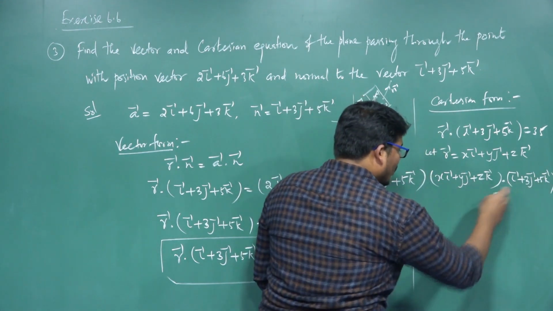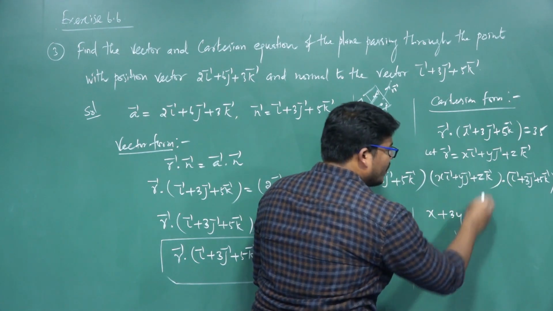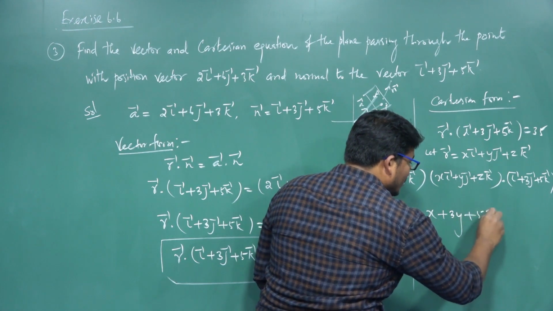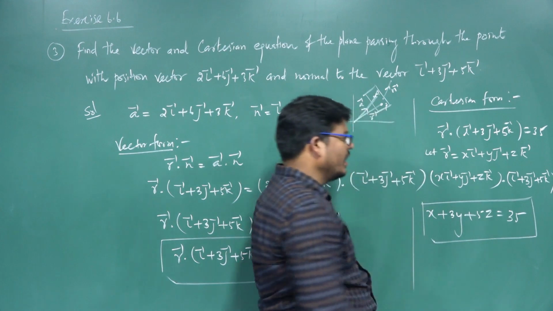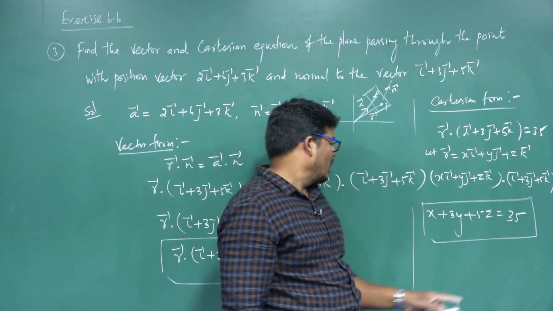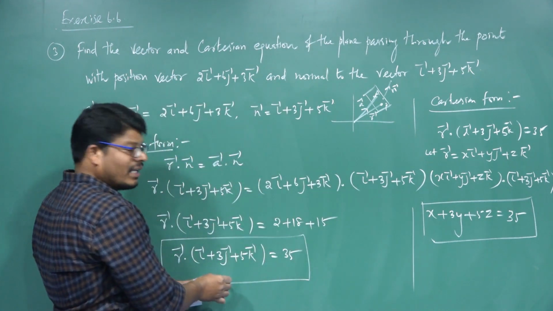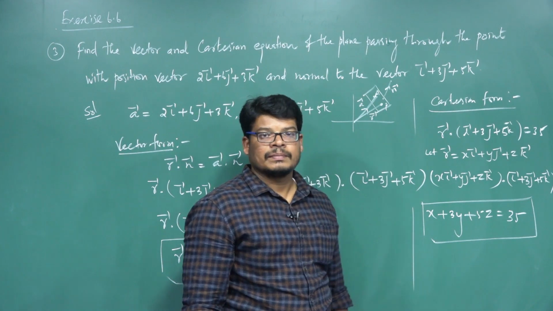Now multiply: 1 into x is x, plus 3 into y is 3y, 5 into z is 5z, equal to 35. This is the Cartesian equation of the plane, and the earlier one is the vector equation of the plane.